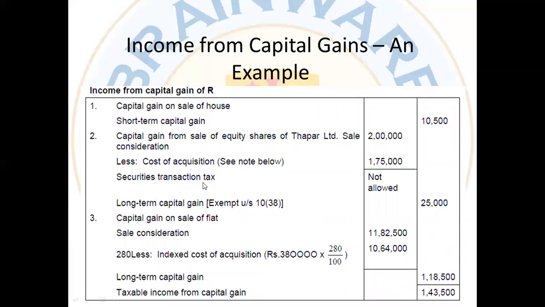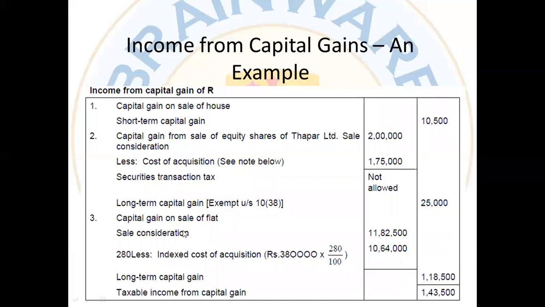In the previous financial years, up to 2016-17, we were deducting this STT, but now the section has been abolished, so we don't have to deduct any security transaction tax. So from 2 lakh minus 1,75,000, we are getting the 25,000.